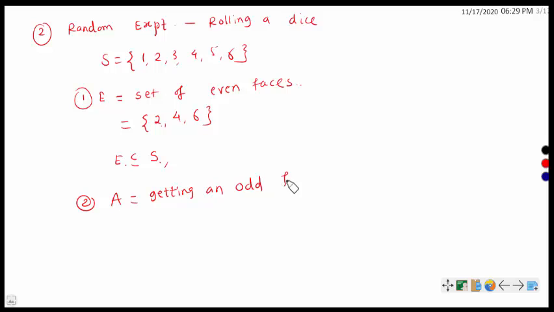Odd face means we get an odd number on the uppermost face of the die. That is, out of these 6, we get the odd numbers 1, 3, 5. So this A is again contained in S. Therefore, A is an event.